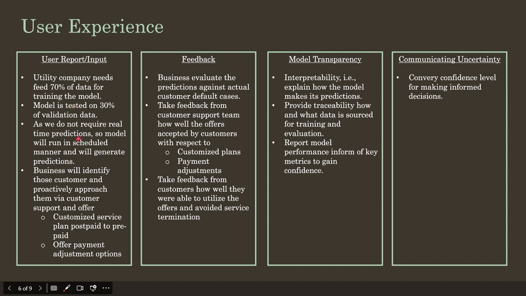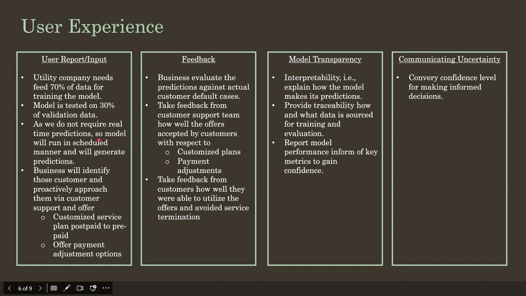As we do not require a real-time prediction in this particular case, the model will run in a scheduled manner. We can have it on the cloud. We don't need an edge approach or edge devices, and we'll generate the prediction.